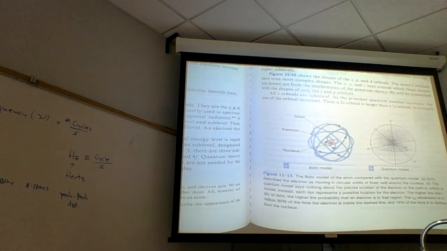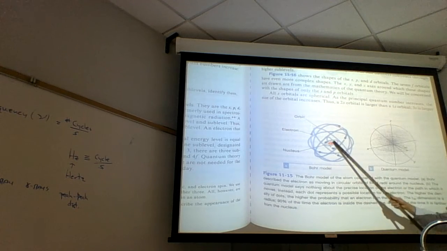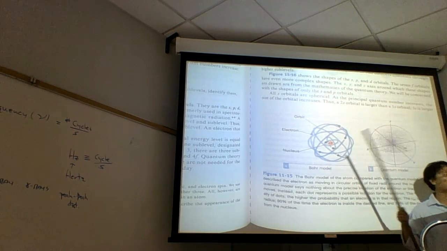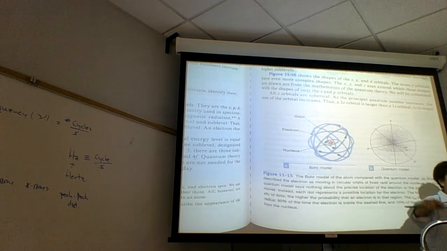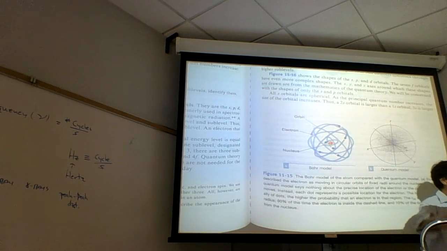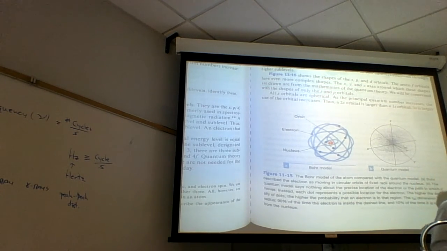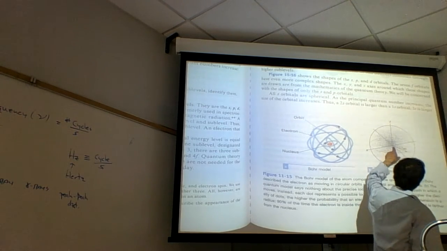You say, if it were orbiting like this, then yeah, it's like a satellite. Can you tell me where the satellite's going to be 5 minutes from now? Yeah, because it's just following the simple path, right? But the Heisenberg uncertainty principle says that, no, it doesn't follow a simple path like that. The Heisenberg uncertainty principle says this. 1 second, the bird's here.